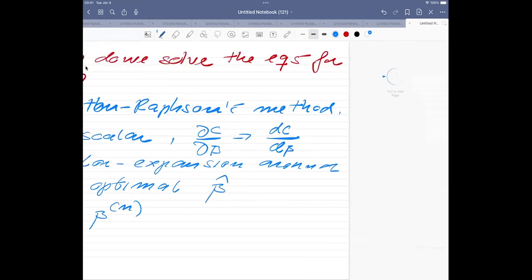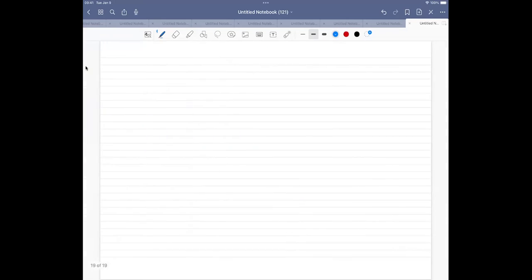Now, this n is something which I later will define as an iteration, because you solve this method iteratively. Okay, so that means that when I do that, I'm going to get a cost function C of beta, and this is just a plain Taylor expansion. I have a constant term, which just depends on beta of n.